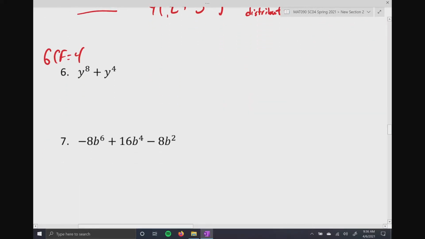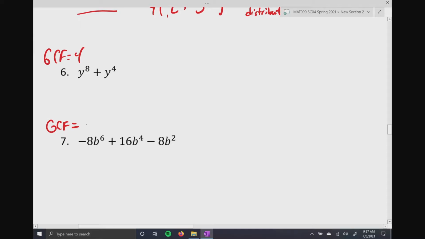So for the next problem, y to the 8th plus y to the 4th. Let's factor it, okay? First thing we look for is a GCF. So I'm going to write it down here. There are the coefficients, they're both 1, so I don't have to worry about the coefficients, but I do have to worry about the variables. Y to the 8th versus y to the 4th.